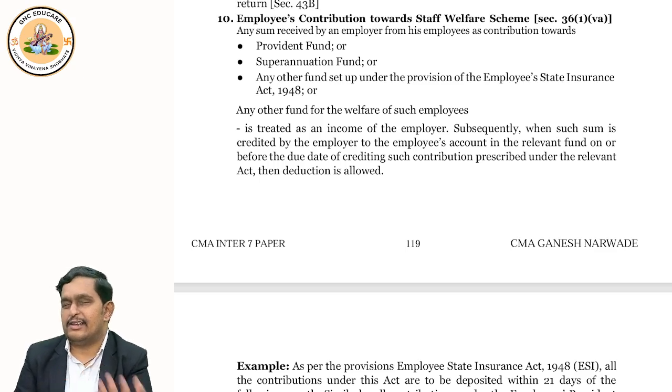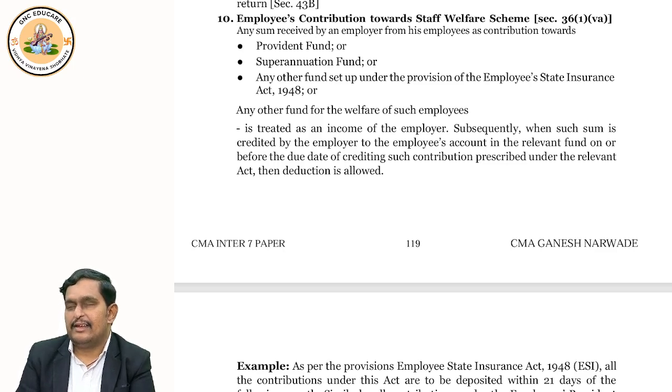Neither treat it as income nor as expenditure. Are you able to understand? But if it is deposited late, then it is treated as income when he deducts it from the employee's salary, and when he deposits it, it is treated as expenditure and deducted.